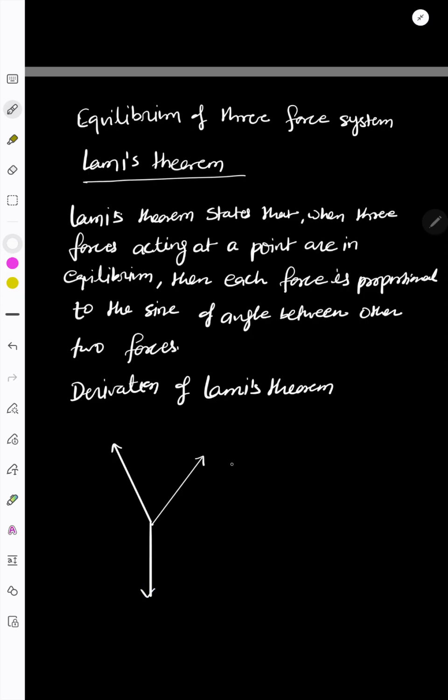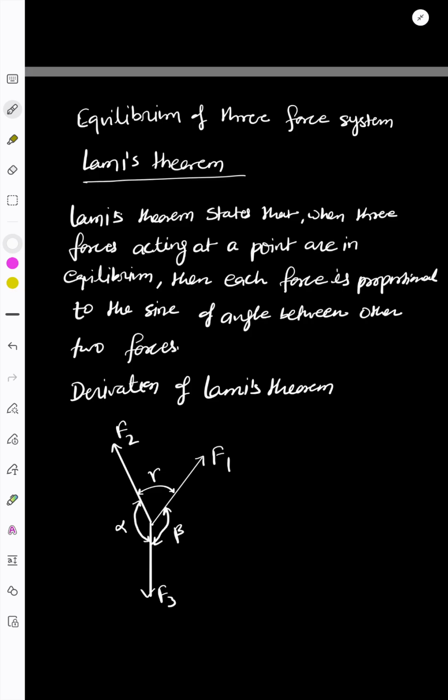Three forces F1, F2 and F3. Alpha is the angle between F1 and F2, beta is the angle between F1 and F3, and gamma is the angle between F2 and F3.